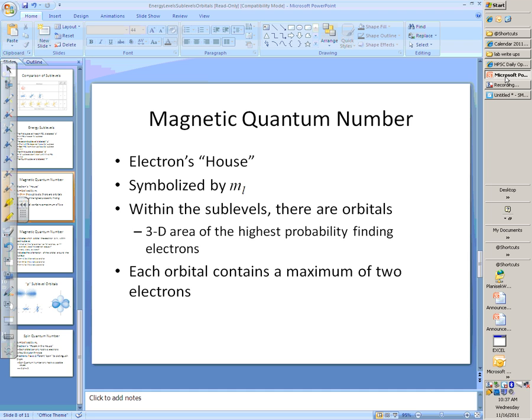Alright, buddy. First copy this down. What? This is M. Let's call it okay. Quantum numbers.